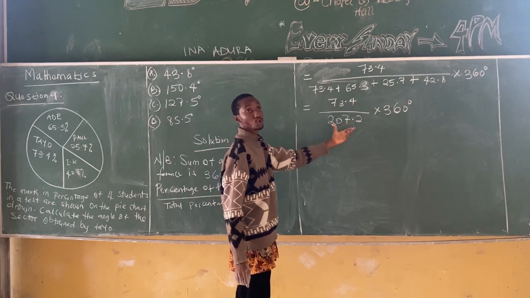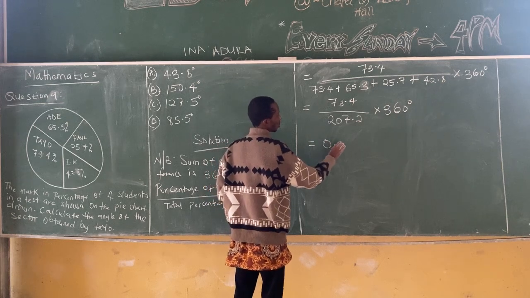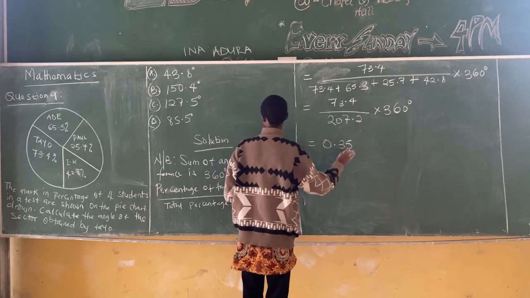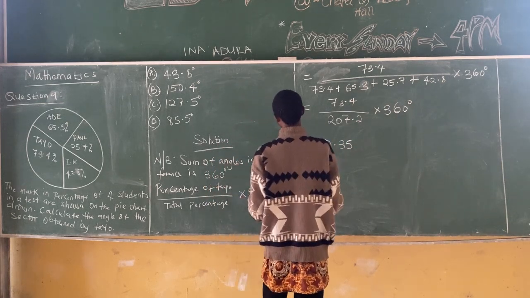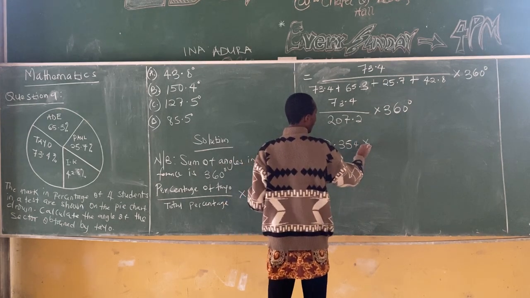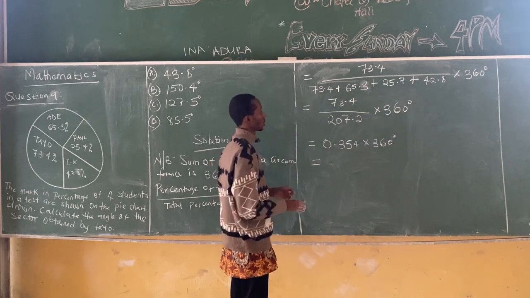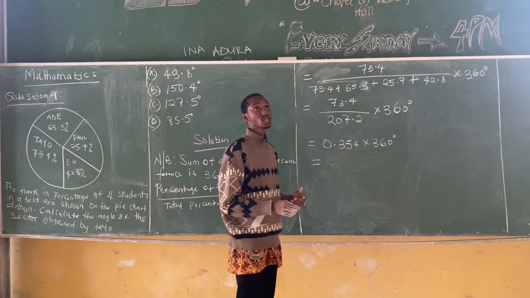73.4 divided by 207.2 is going to give us what? 0.354 times 360. What's going to give us?